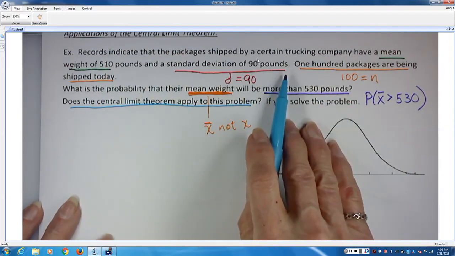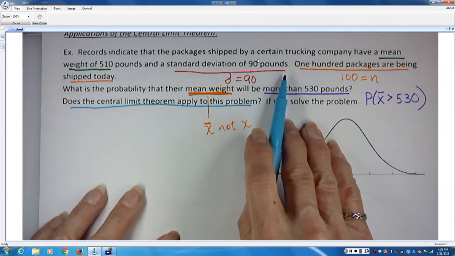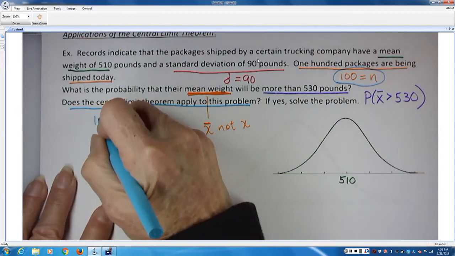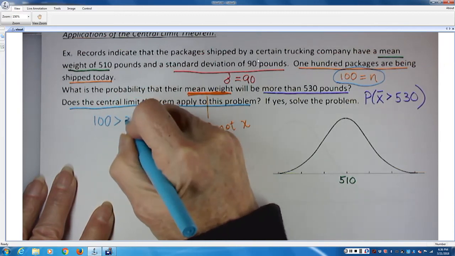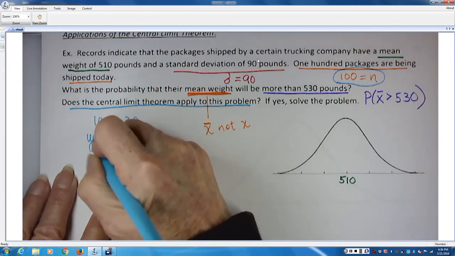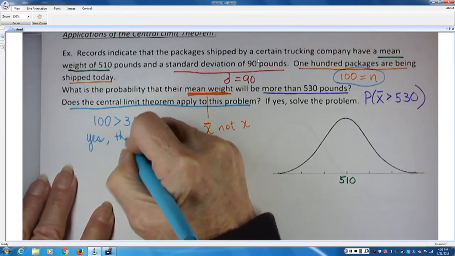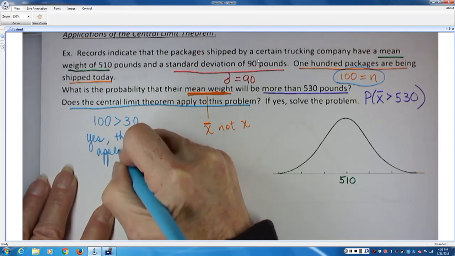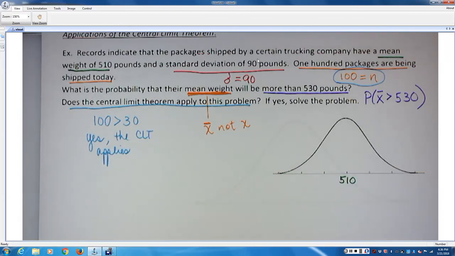No. So then the next question we ask is, okay, how big is the sample? Yes, the central limit theorem applies because the sample size is larger than 30.